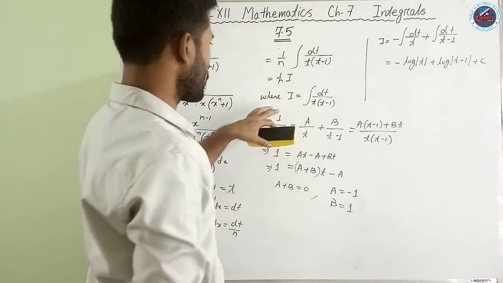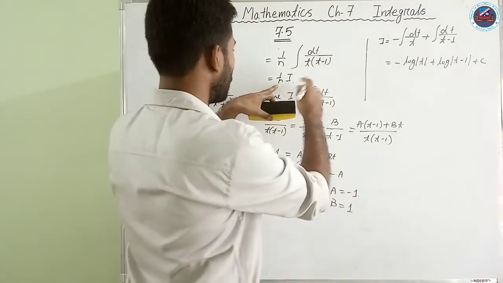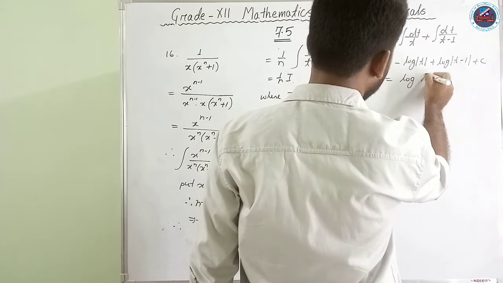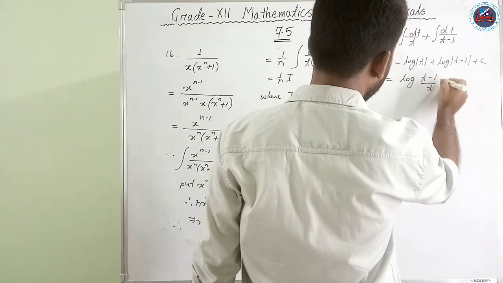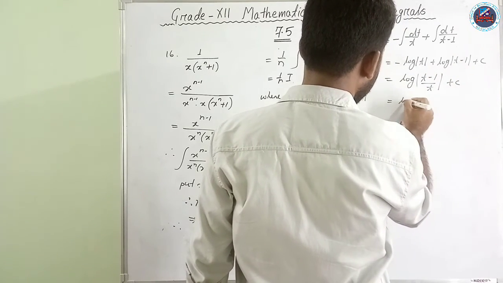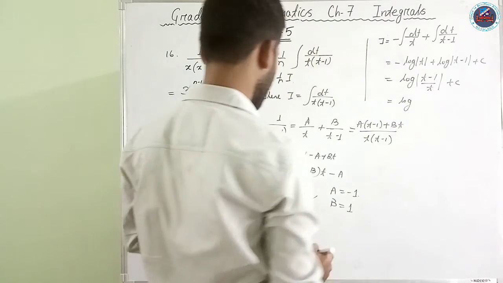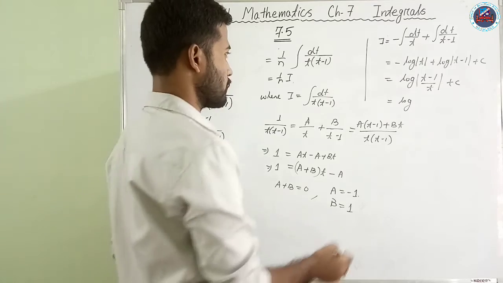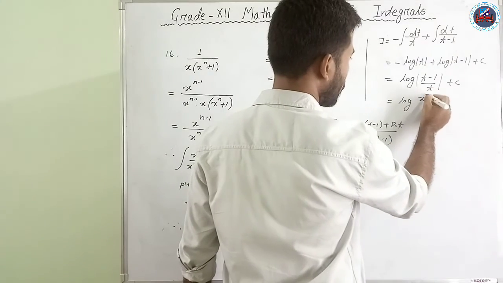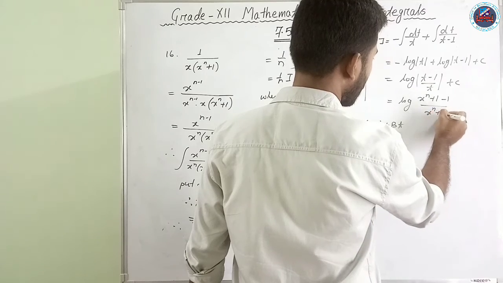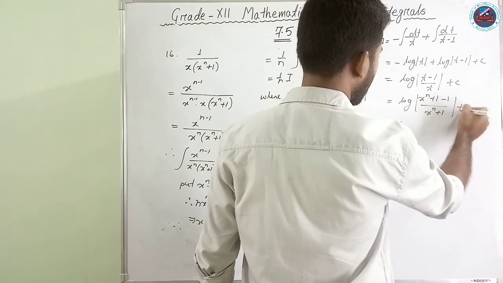Fine. So that was our I, but we need to multiply 1 by n again. So this will give us log of t minus 1 by t plus c. And what is our t? Yeah, it is x to the power n plus 1. So x to the power n plus 1 minus 1 divided by x to the power n plus 1 plus c.